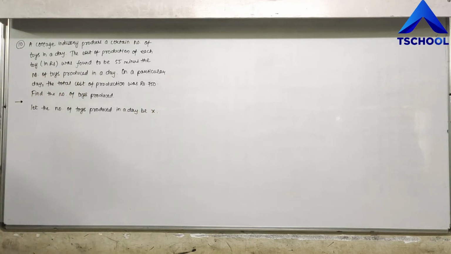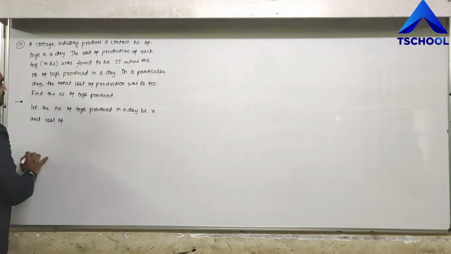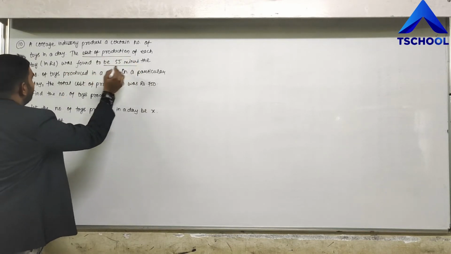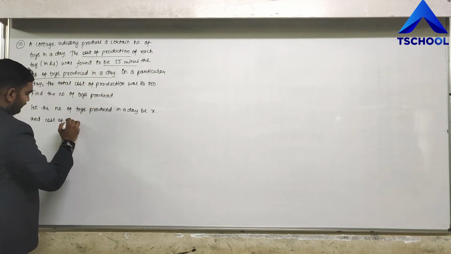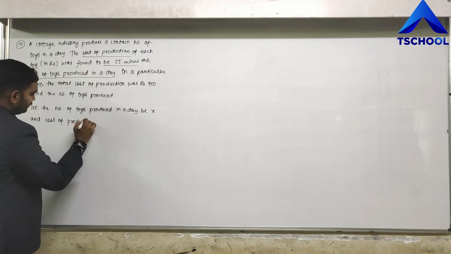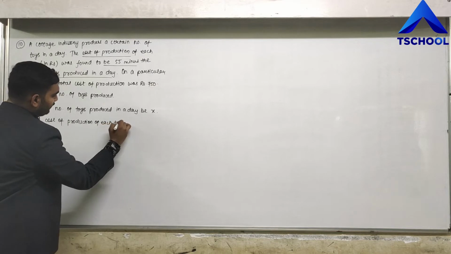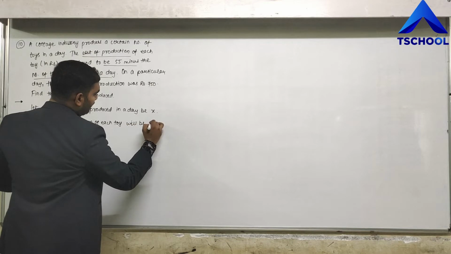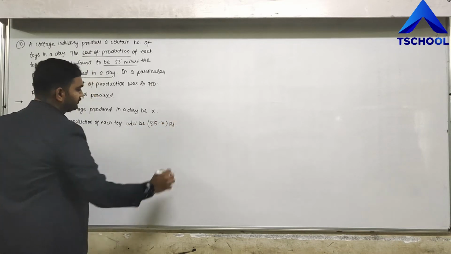The cost of production of each toy is given as 55 minus the number of toys produced in a day, so the cost of production of each toy will be 55 minus x rupees, right?